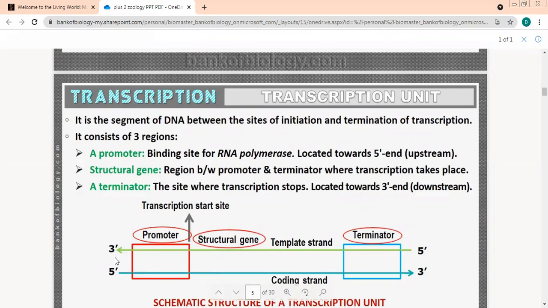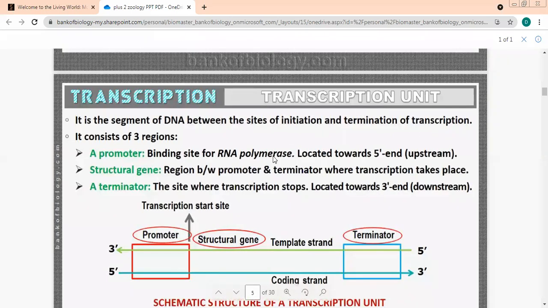Supposing here the process is going to start, this is the site of initiation, and if it finishes at this end, this is the site of termination. So that segment of DNA, this much, which is between the site of initiation and the site of termination, is known as a transcription unit. It's a small part.